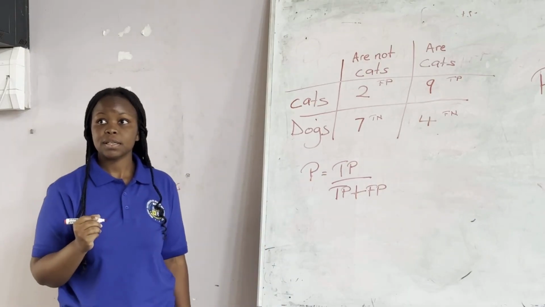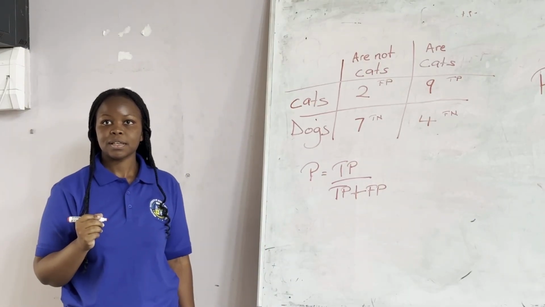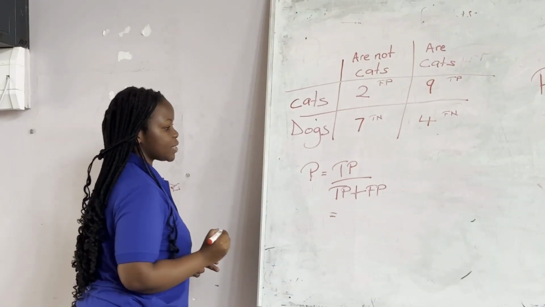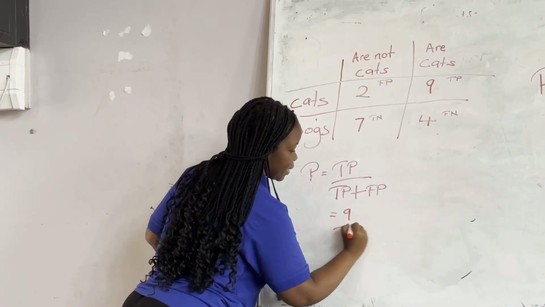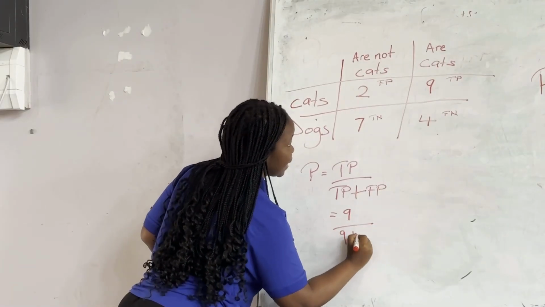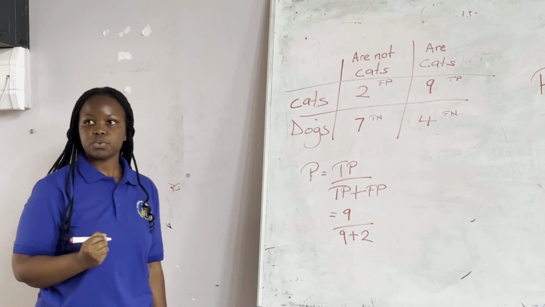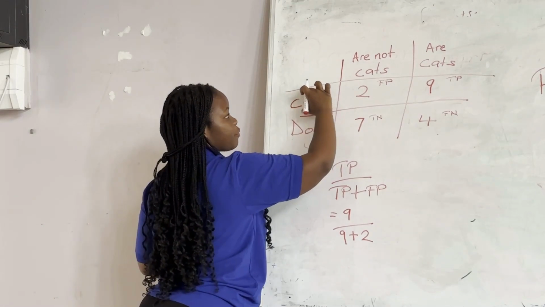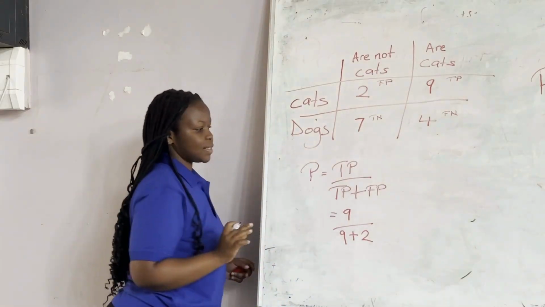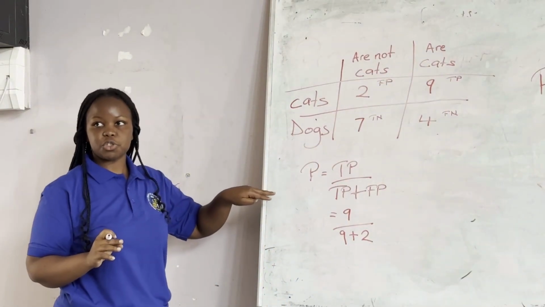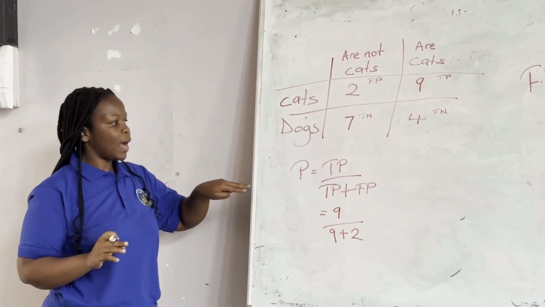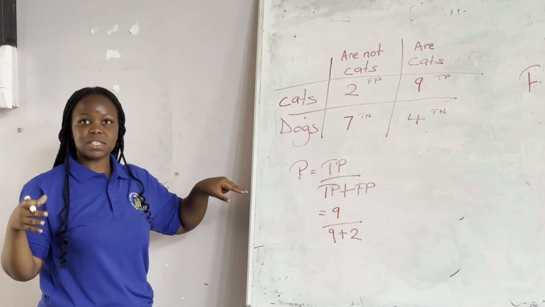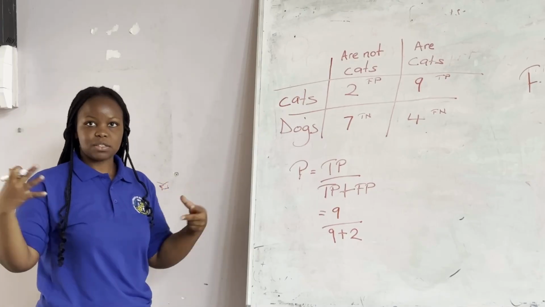I said true positive plus false positive. So what is our true positive? 9 out of 9 plus 2. So among everything that was classified as a cat, that's where we pick our precision from. How many true positives is our model classifying as true positives?